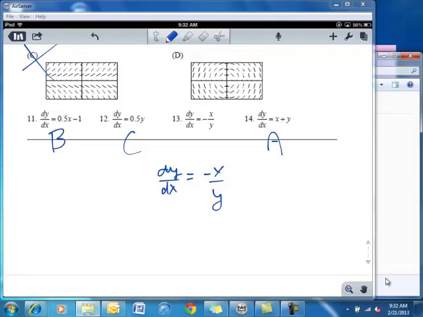Okay, so algebra. Any thoughts? How do you get that?